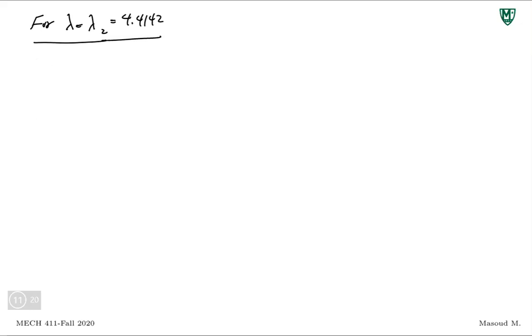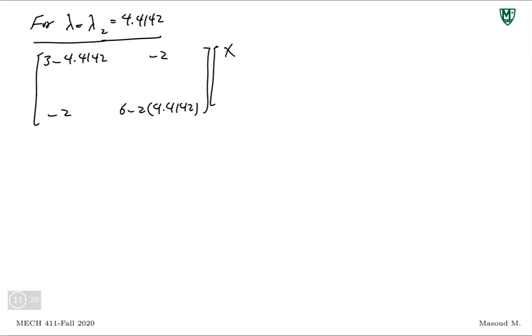That becomes 3 minus 4.4142, minus 2, minus 2, and 6 minus 2 times 4.4142. This is going to be multiplied by x2 because this is the second mode, x21, x22, equal to 0, 0.